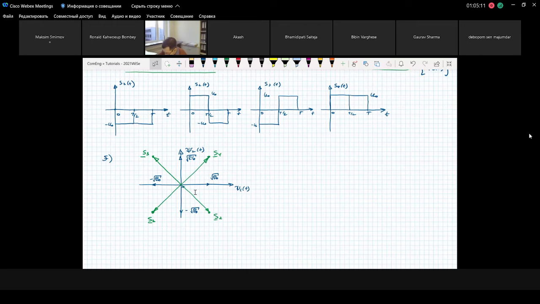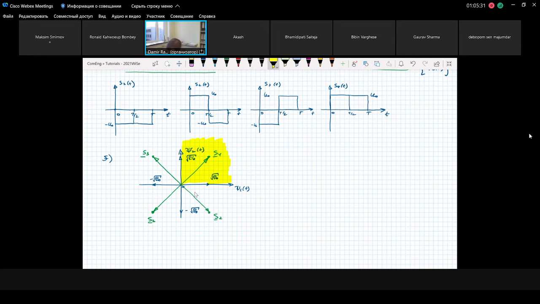And maybe we can also show what the detection regions will be. Here it's easy because they will match the axes.